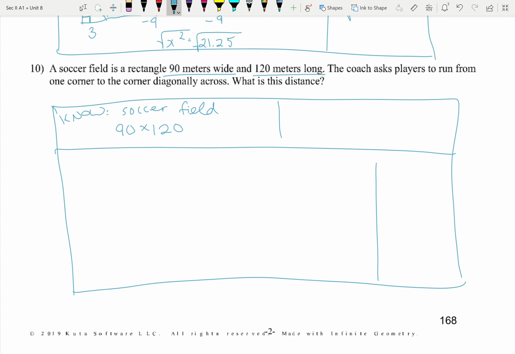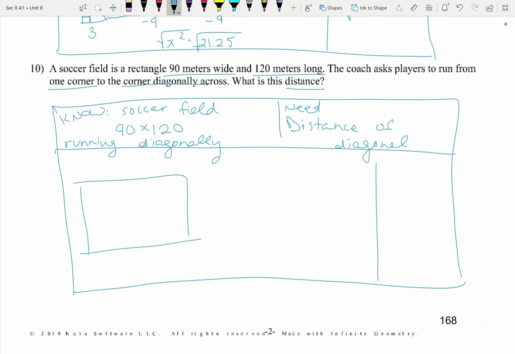Okay, and the coach asked the players to run from one corner to the other corner diagonally. What is the distance of that diagonal? Let's draw a picture. Here's my soccer field. I know it's 90 by 120, and I want the diagonal.